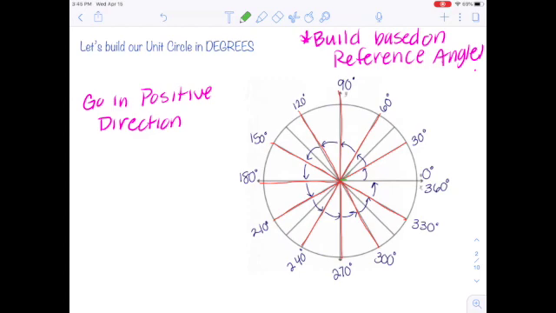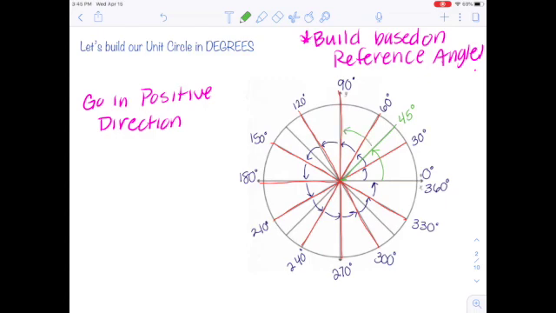Let's highlight this one. So if I go this angle, we're going to call this one that opens up from the initial side, and its terminal side has an angle of 45 degrees. Okay, so we're going to do the same thing we did with the 30 degrees and add 45 all the way around.